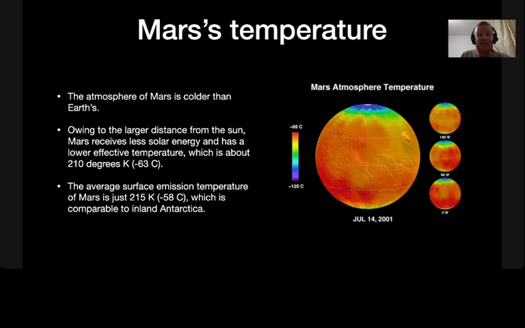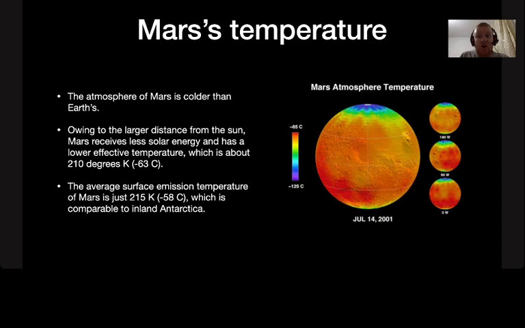Next, Mars's temperature. The atmosphere of Mars is a lot cooler than Earth's. Owing to the larger distance from the Sun, Mars receives less solar energy and has a lower effective temperature, which is about 210 degrees Kelvin, which makes minus 63 degrees Celsius.